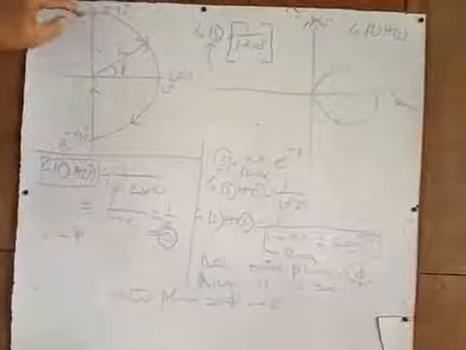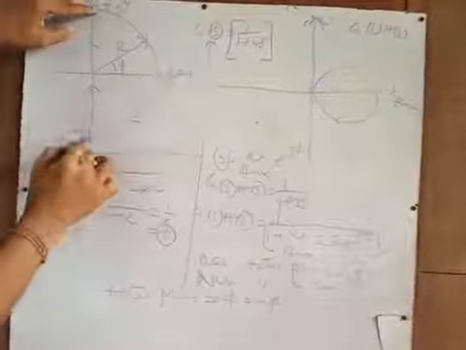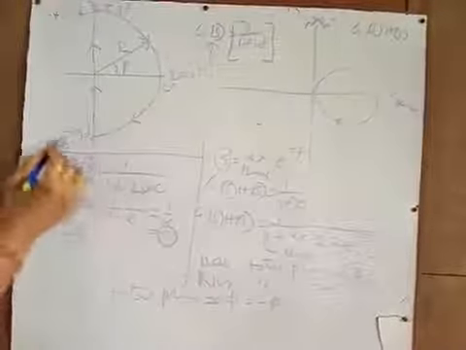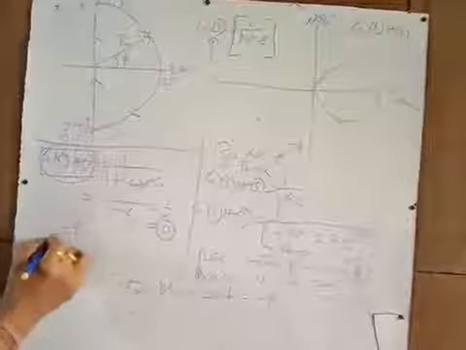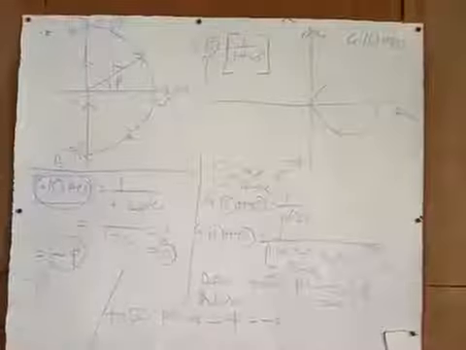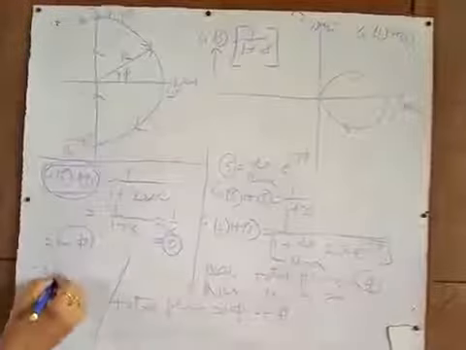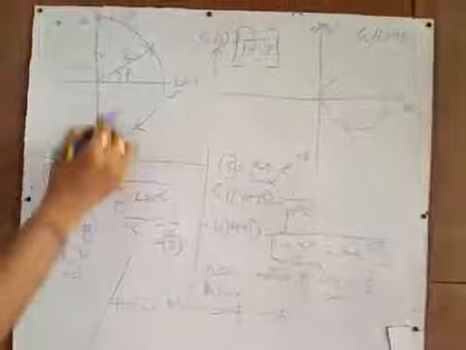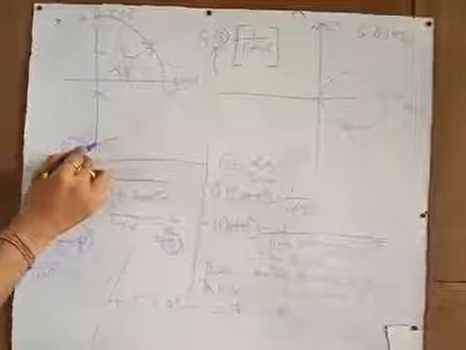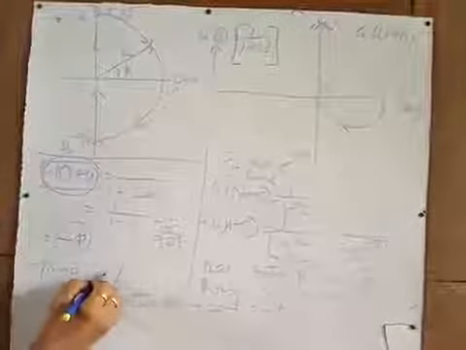Corresponding to that, when s varies from this position to this position to this position, the phase of the overall system G(s)H(s) varies according to minus phi. That means when phi is 90 degrees, this will be minus 90 degrees. When phi is 0, you get 0 degrees, and when phi is minus 90 degrees, you get plus 90 degrees. This is the variation of the phase.